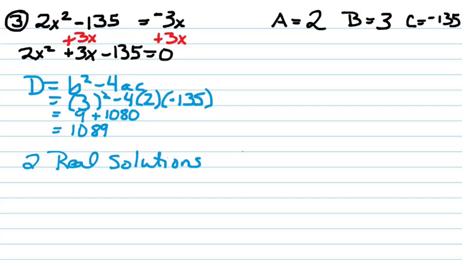So first off, we're going to go ahead and plug it into the formula. So x equals negative b plus or minus the square root of b squared minus 4ac all divided by 2a.